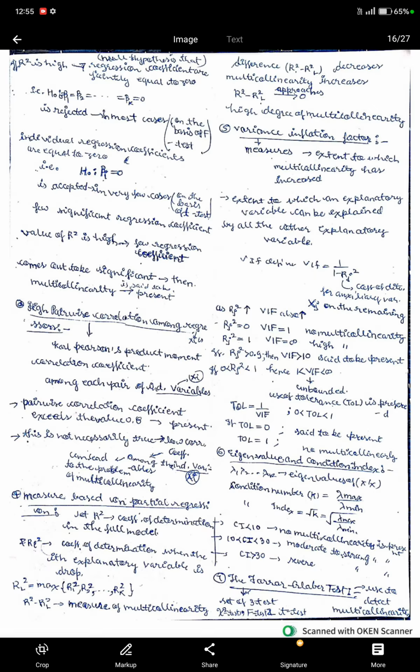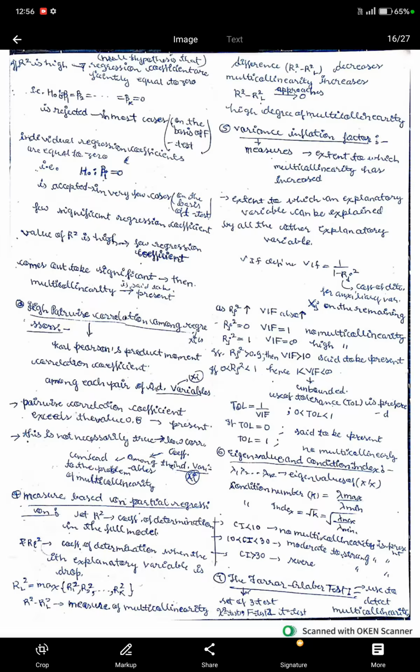When the condition index is from 10 to 30, moderate to strong multicollinearity is present, and when the condition index is greater than 30, severe multicollinearity is present.